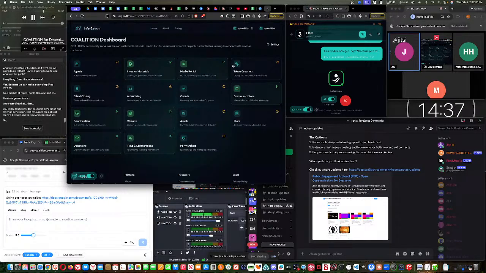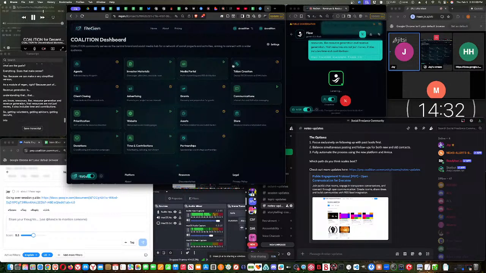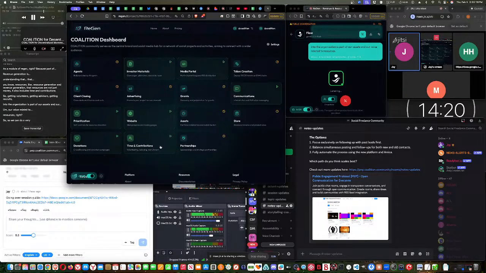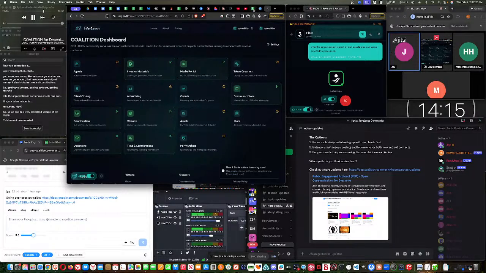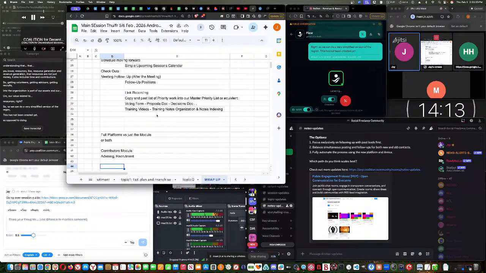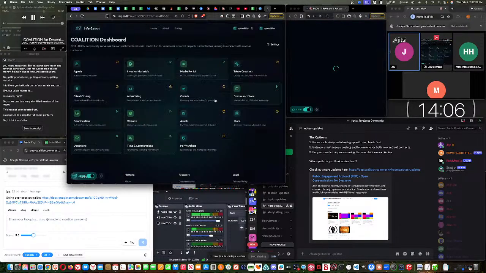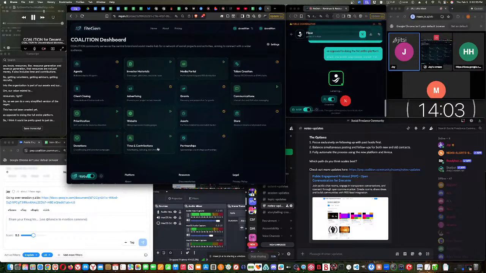So getting volunteers, getting advisors, getting recruits into the organization is part of our assets and our value related to resources, right? So we can do a very simplified version of the Regen module, which has not been created yet, as opposed to doing the full entire platform, right? I think it could be pretty good to just do a simple model.